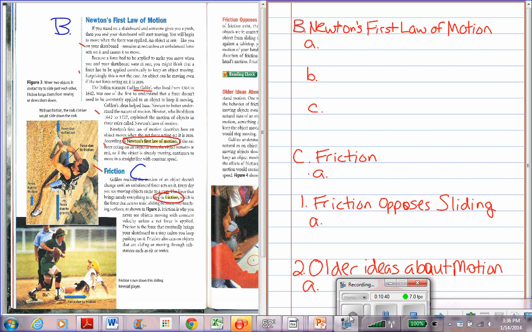Okie dokie. Newton's first law of motion. Okay. Now, we've seen this written lots of different ways. One way is that it's called the law of inertia.